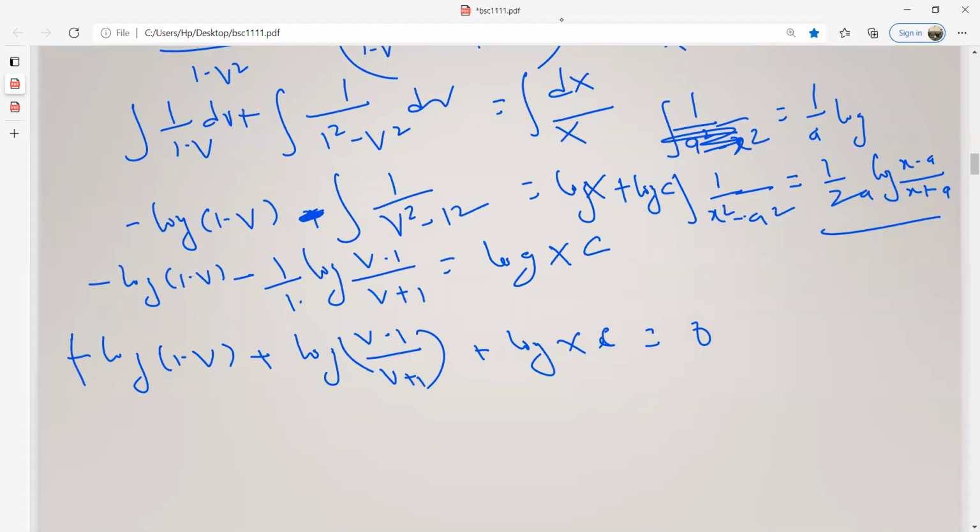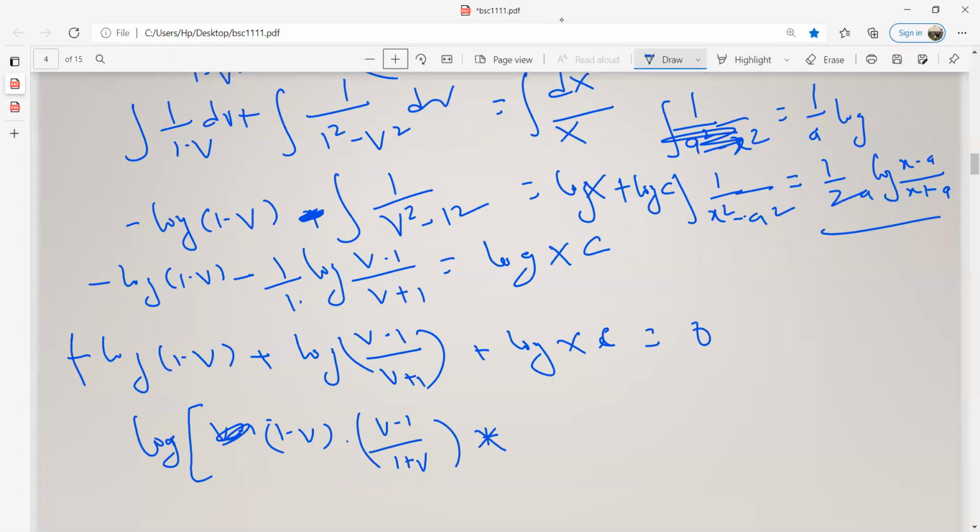Since log a plus log b equals log of a into b, we directly write log of the whole bracket: 1 minus v into v minus 1 divided by 1 plus v, into capital X into c, equal to 0.